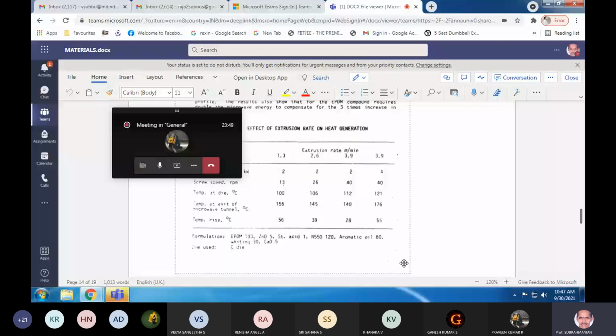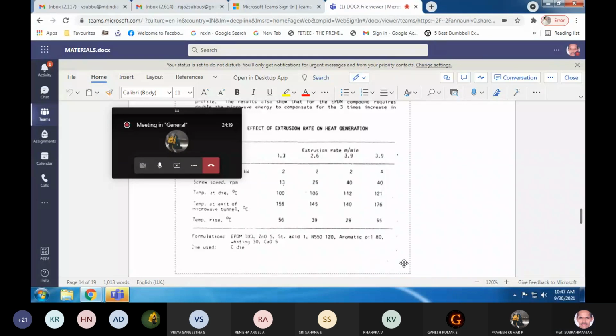Friends, please note this is EPDM and the oil added is aromatic. Aromatic is considered slightly polar. EPDM is non-polar. Aromatic oil can go with chloroprene, NR, SBR. But here, in place of paraffinic, they have used aromatic oil.